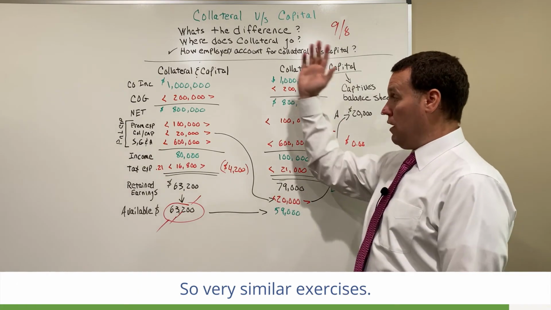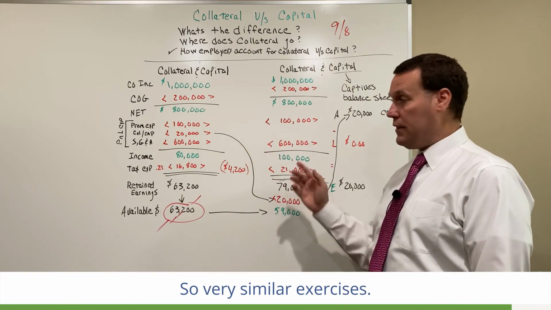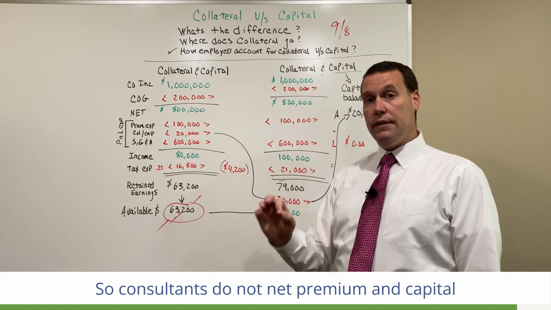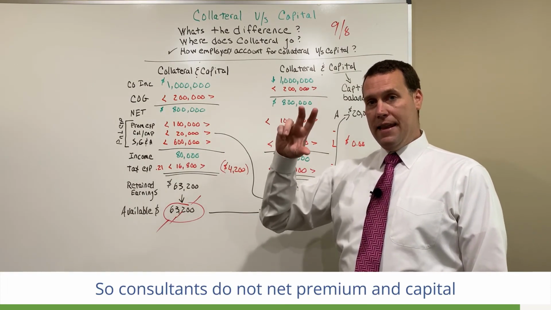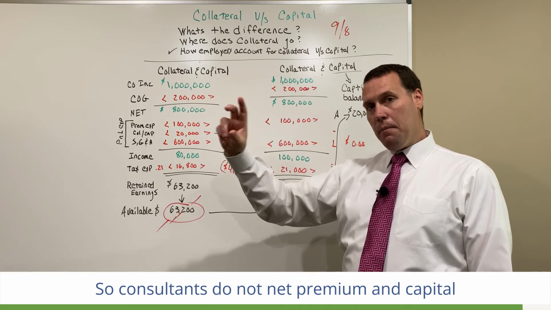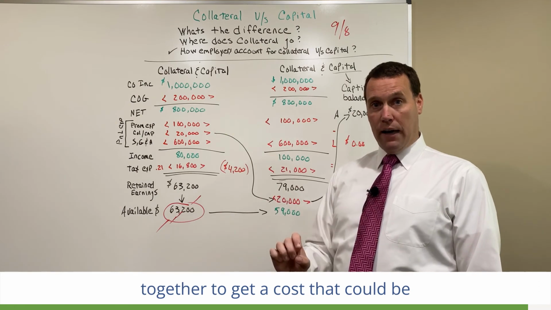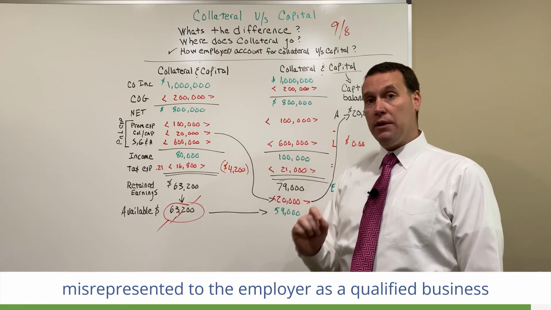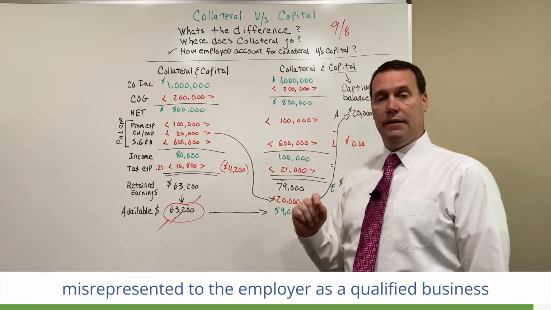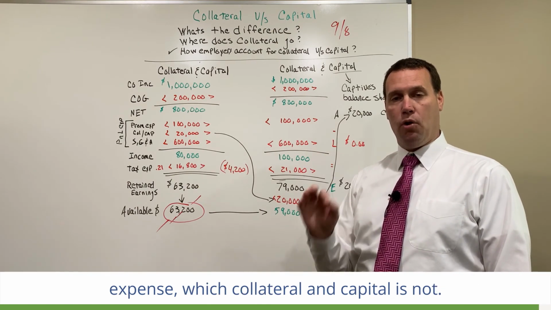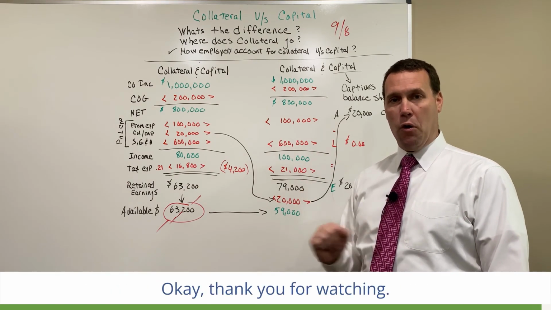Okay? So, very similar exercises. This is not right. So, consultants should not net premium and capital together to get a cost that could be misrepresented to the employer as a qualified business expense, which collateral and capital is not. Okay.